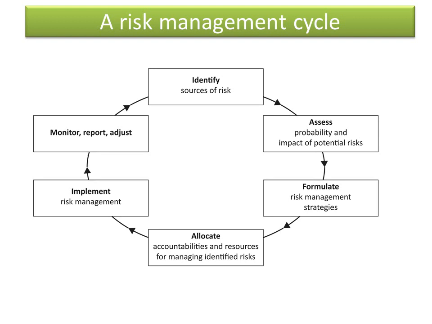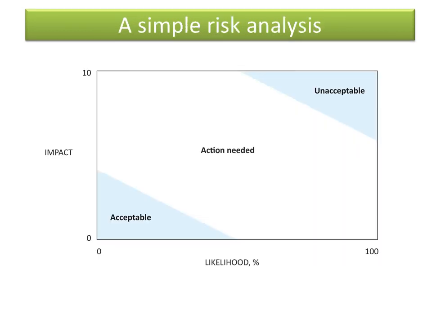So a very simple risk cycle there. And we've got the impact likelihood or probability matrix here, where some risks may be acceptable if the impact's low and the likelihood's low, and unacceptable with high likelihood, high impact.